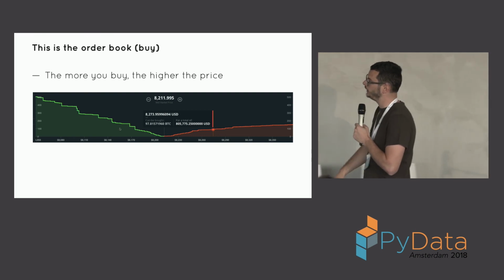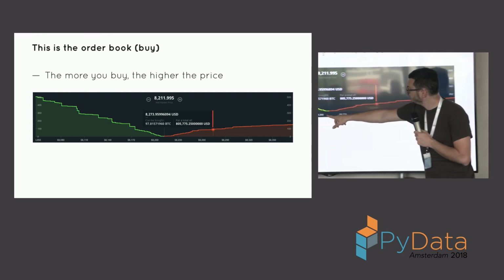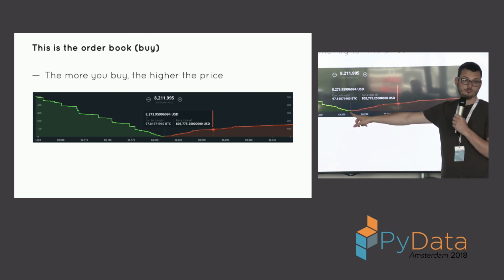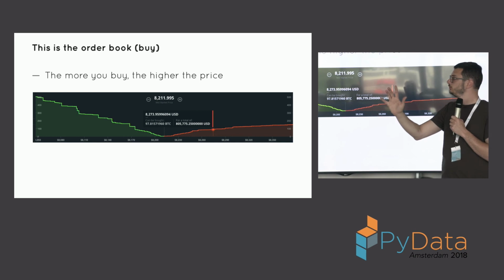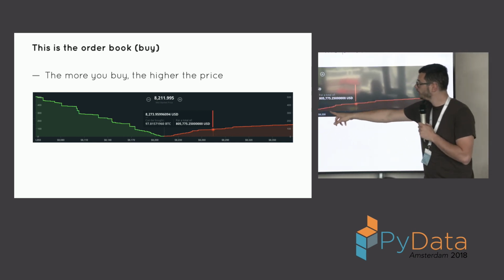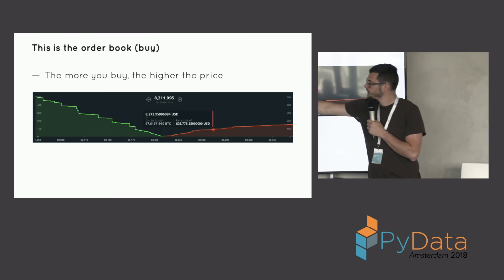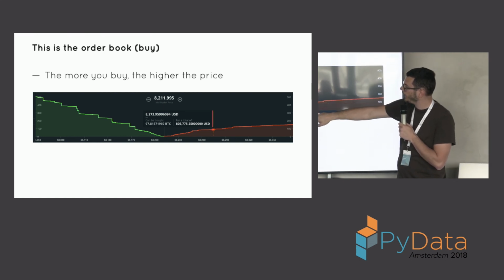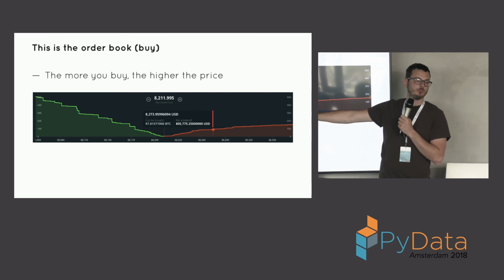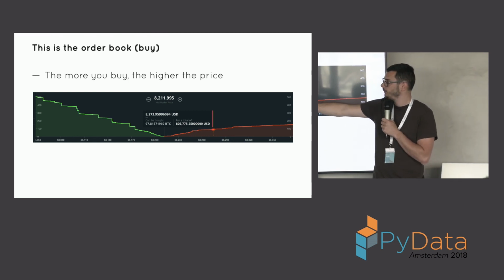So let's say the price is $8,210 if I buy 0.001 Bitcoin. But if I want to buy 97 Bitcoins, the price goes to $8,280. So the price is much higher if I want to buy 97 Bitcoins.